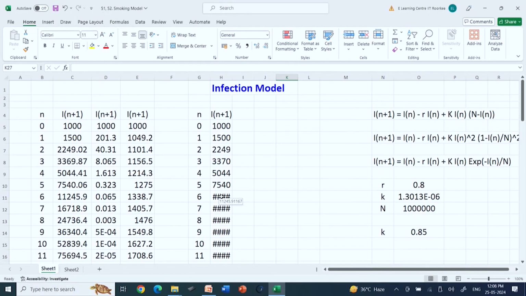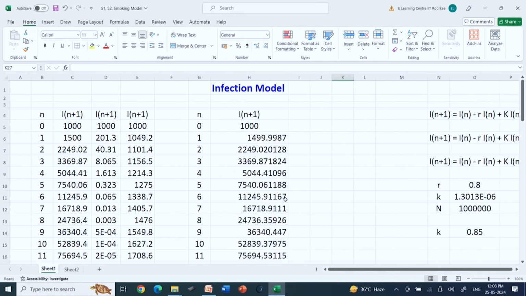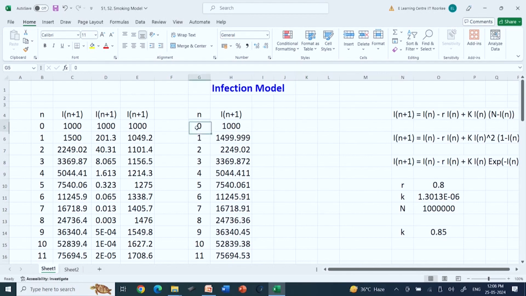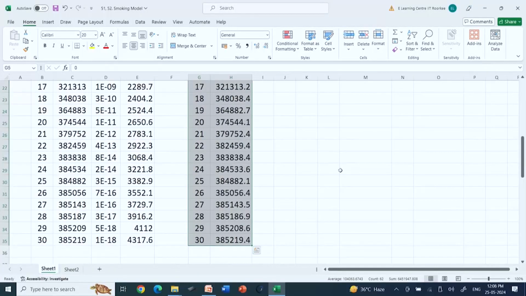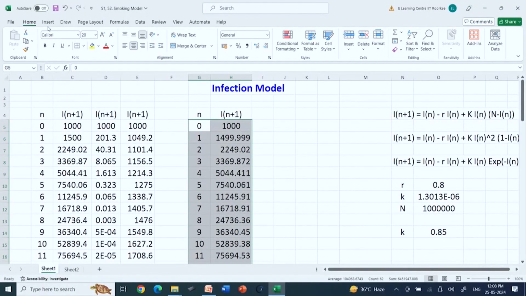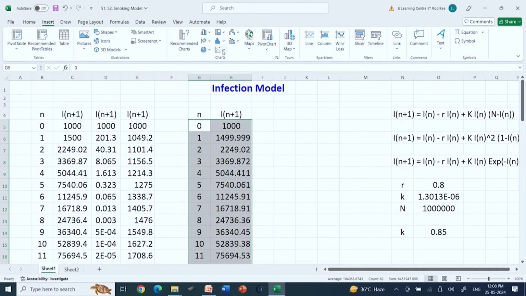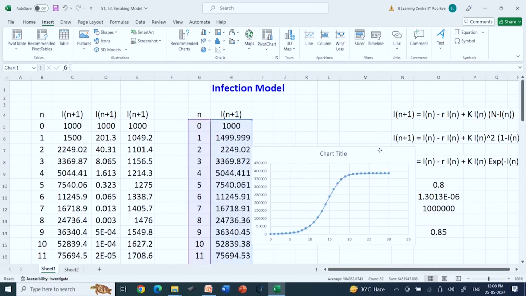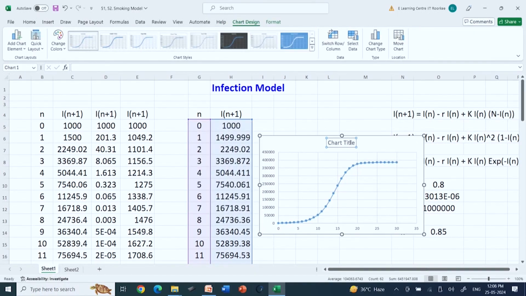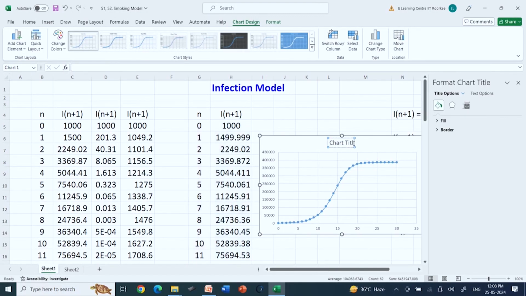If you get this kind of symbol, it means that there are more digits. All you have to do is come here and double click and you will get the number of digits. Now, I have to plot, I just highlight these up to 30 values, go to insert, take this value and get the value here. I can just write here infection model.